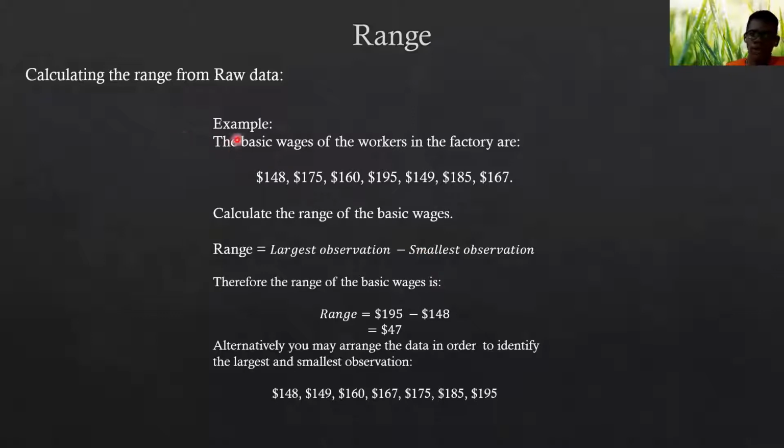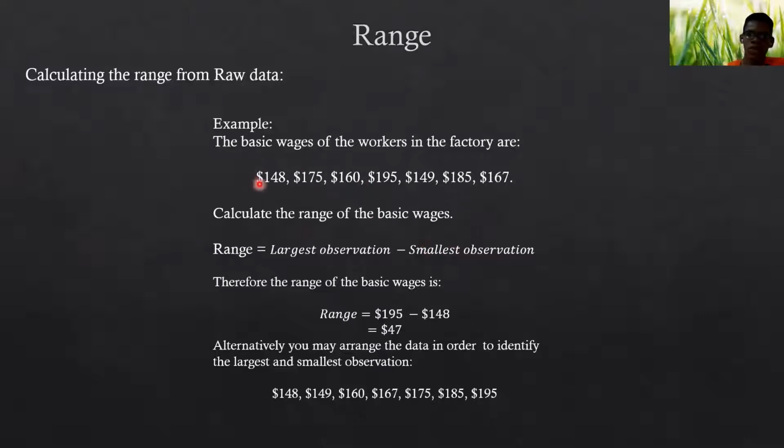Now, for this example, the basic wage of workers in a factory, again, placed out in the raw data format, is $148, $175, and so on. Calculate the range of the basic wage. Now, again, to calculate the range, range is equal to the largest observation subtracted by the smallest observation.